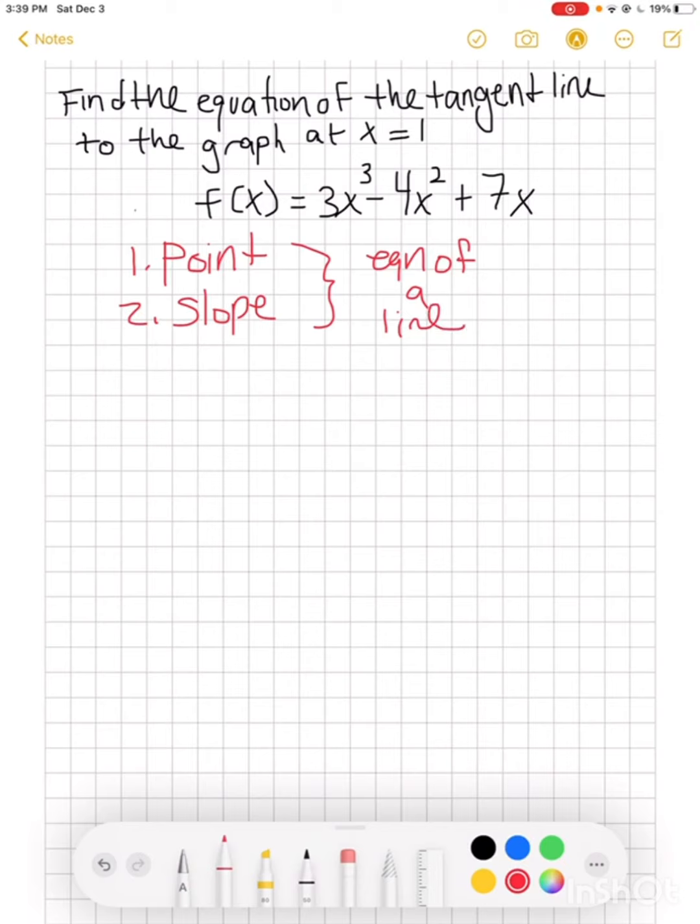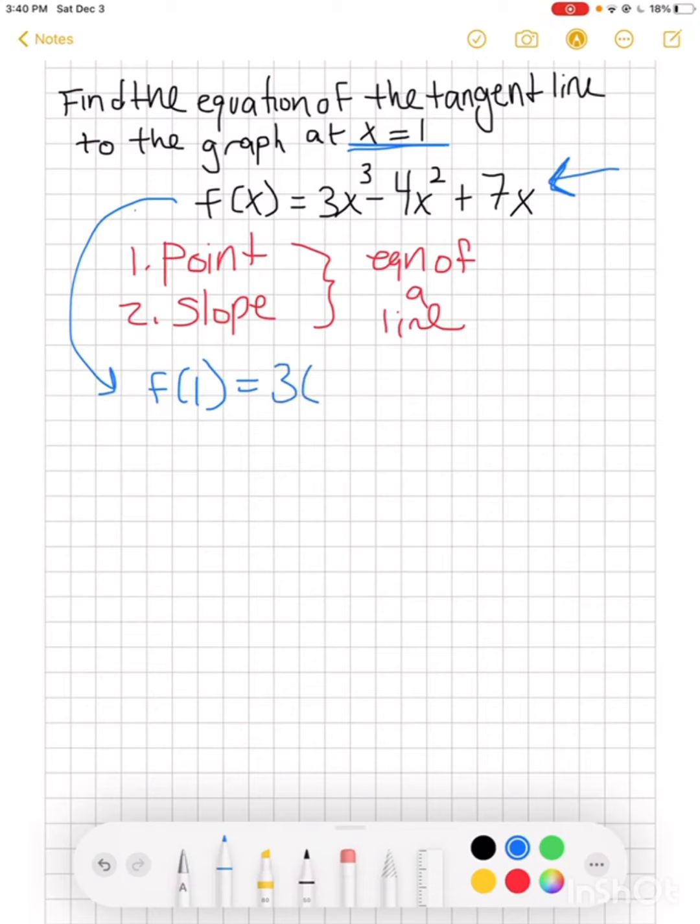And remember that the tangent line and the graph will share that one point where the line is tangent. So by finding the point on the original graph, in the original equation at x equals 1, we also find a point on the tangent line. So let's go ahead and do that. Let's plug in 1 into our original equation. f of 1, this is before any derivatives happen.